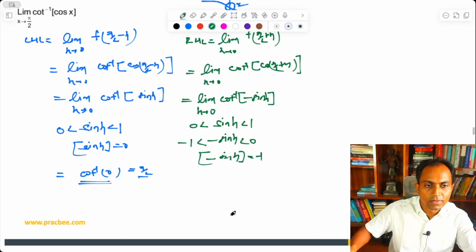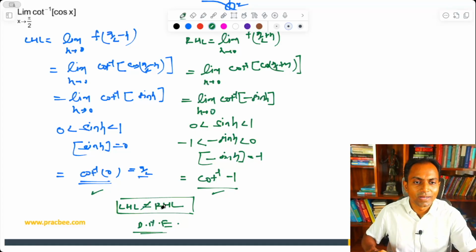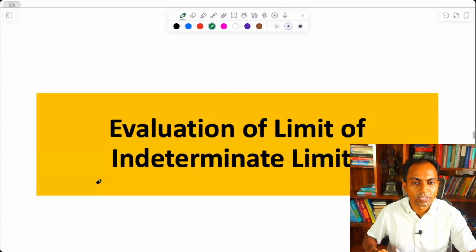So once you have this, the limiting value comes out to be cot inverse of minus 1. Okay, you can see that this is cot inverse of minus 1. LHL is not equal to RHL. So the answer to this question becomes does not exist. Very important and very easy question to do using this technique.